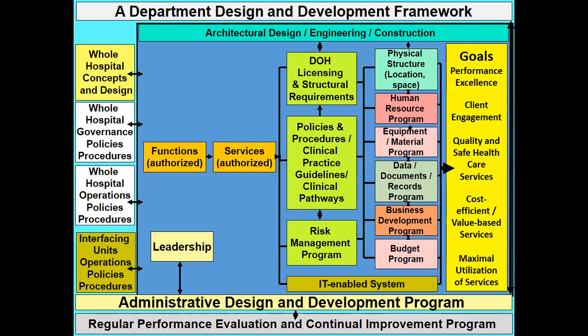This slide also illustrates the super system, which is the entire hospital, the subsystem, which is a particular department, and the co-system, which is the interfacing department. The arrows indicate the need for alignment and integration of all parts of the systems, the department, with the super system, the hospital, and the co-system, the interfacing department.